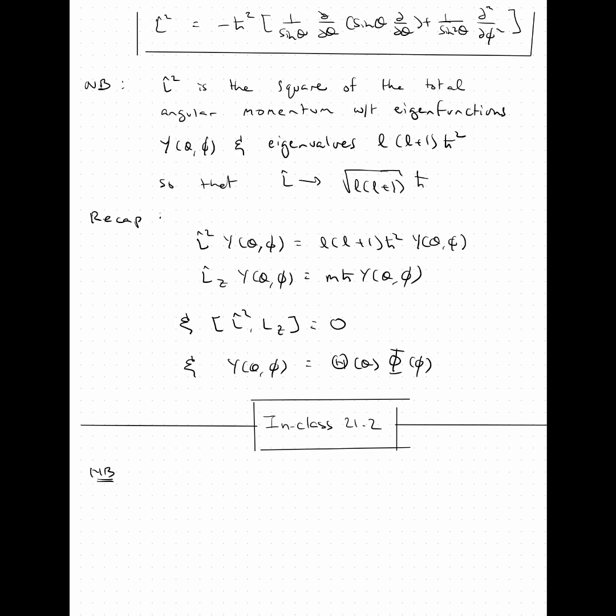I'll tell you what those are, and these are very important, so I'll put a box around it in the end. Lx does not commute with Ly. And the commutation relation yields i h bar Lz, which is at first glance rather curious.